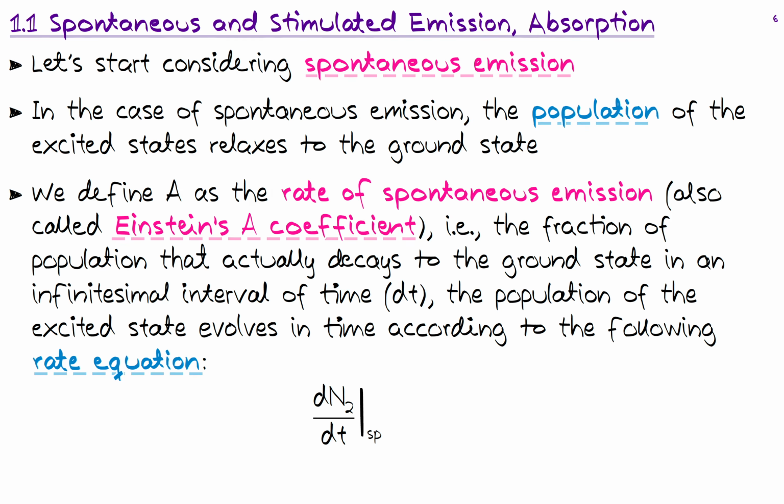This is basically the differential equation that governs the dynamics. So we have minus A, that's Einstein's A coefficient, times the population of the excited state. A very simple differential equation giving us the rate equation for the spontaneous emission process. So this is how difficult the differential equations look in our course.